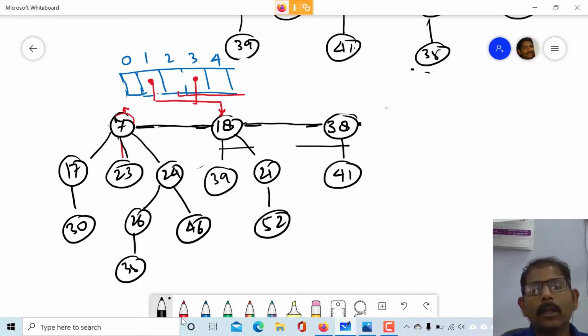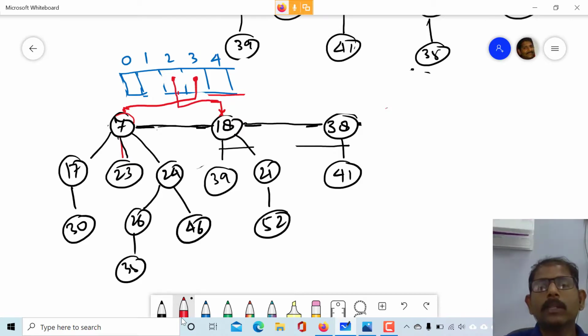What is the degree of 18? Now 18 will be freed from this block because its degree has increased. Its degree is now 2 and therefore it will be pointed. 3 was already occupied by 7 and now 18 has degree 2 and therefore 2 will be occupied by 18 here. What is the next node?